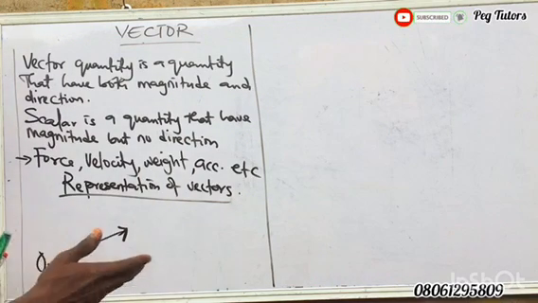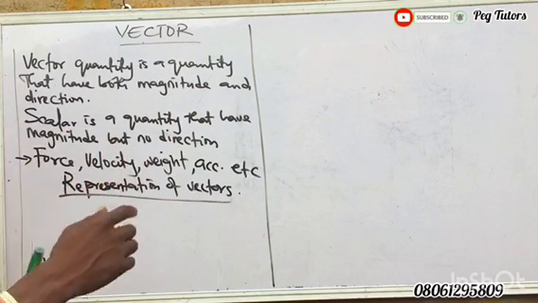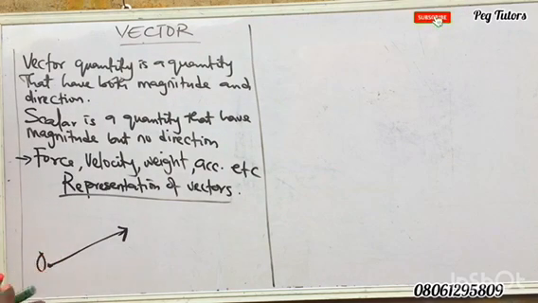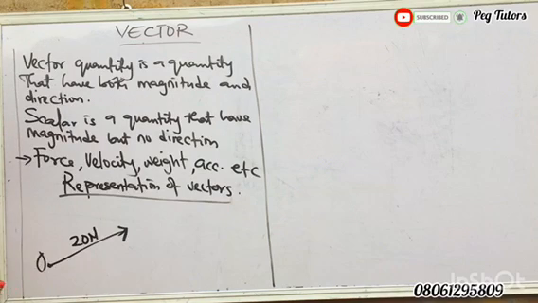Now, the length of the line determines the magnitude of the vector, which means the size of the vector. The longer the line, the bigger the magnitude. If I want to represent a 20 Newton vector, this could be a 20 Newton vector. If I want to represent another one, which is a 40 Newton vector, it would be longer than this.